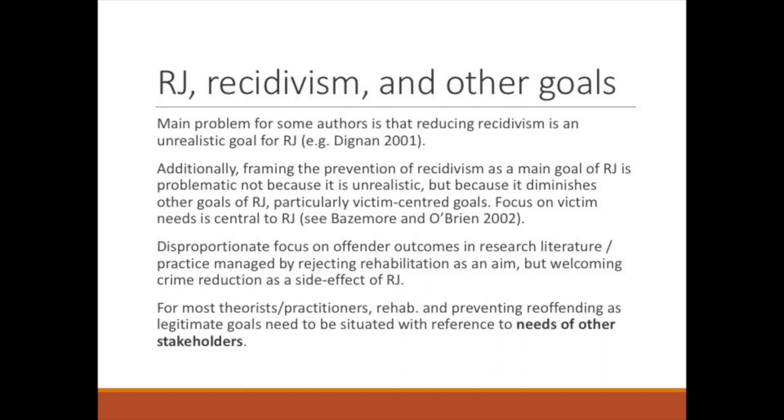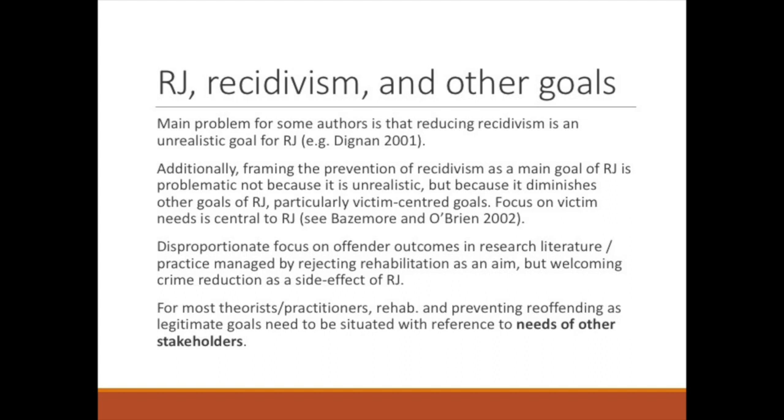So there should be a focus on victim needs being central to restorative justice. Now, for much of the research literature and practice around this, this disproportionate focus on offender outcomes is managed by rejecting rehabilitation as an aim, and rather welcoming the crime reduction aspect as a side effect of restorative justice.